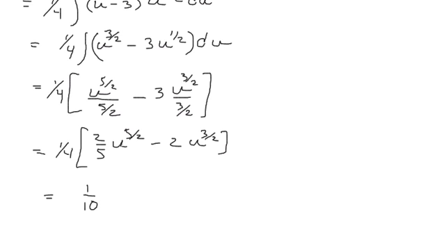And I'm going to fill the u back in again. So this was 2x plus 3 raised to the 5 halves minus 1/4 times 2, which is a half, times 2x plus 3 raised to the 3 halves.